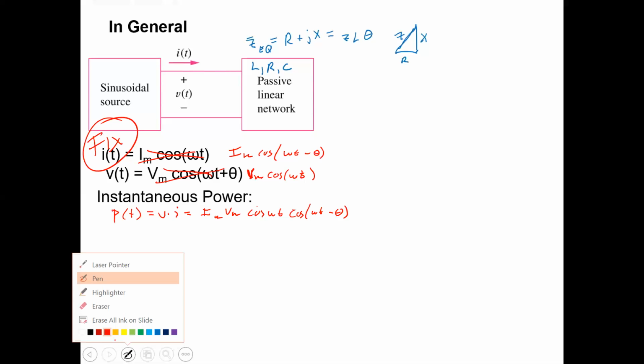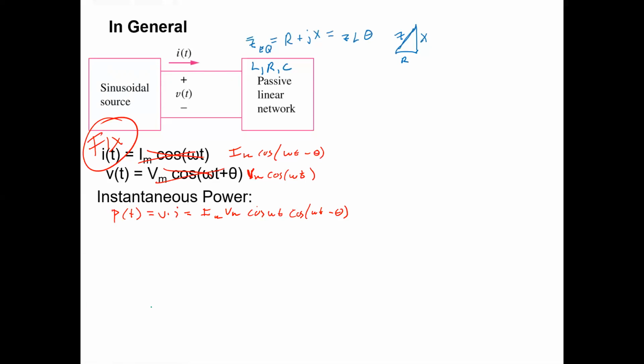And there is another trig identity, I'm not going to develop all these things, I hope you don't mind, that cosine omega t minus theta can be written as cosine omega t cosine theta plus sine omega t sine theta. That's a trig identity, which I'm not going to derive for you, but hopefully you can trust me on that.